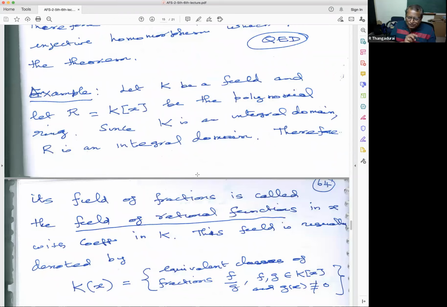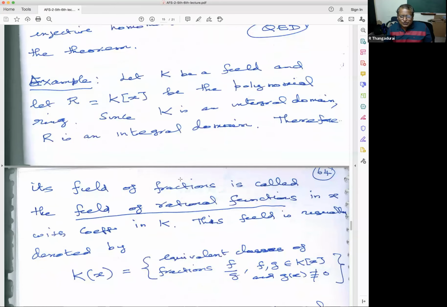Any element of the ring R is a polynomial, so we take two polynomials. When we are quotienting, the one below should not be 0; it should not be the zero element, meaning it is not the zero polynomial. So it is like a rational function f by g, where f(x) is a polynomial and g(x) is a non-zero polynomial.